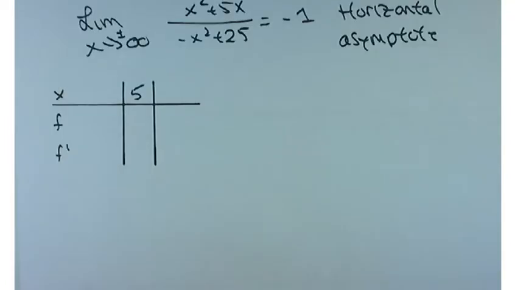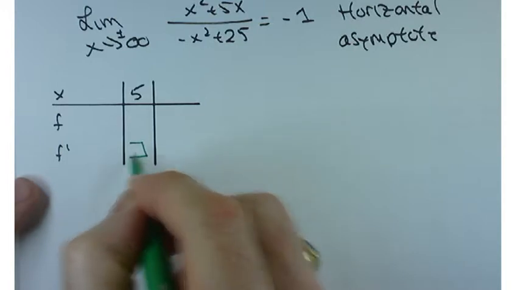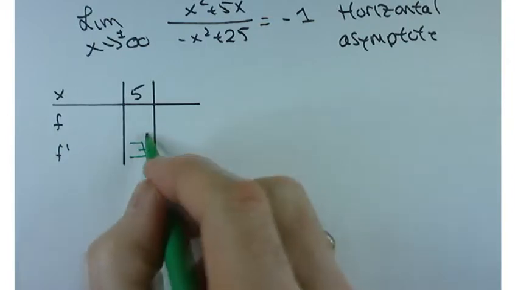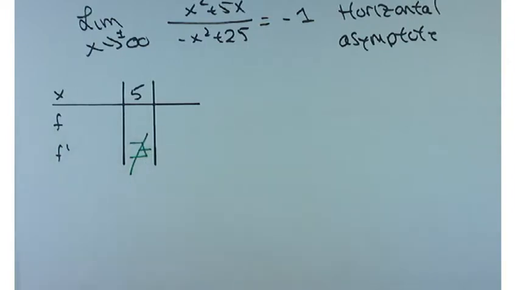Undefined. Another way to say that: this backwards capital E means there exists. My laziness here, it doesn't exist. That point doesn't exist. Just can't do that there. Nor can we do this point here. The function is just not defined there. But we can test on either side of it nonetheless.